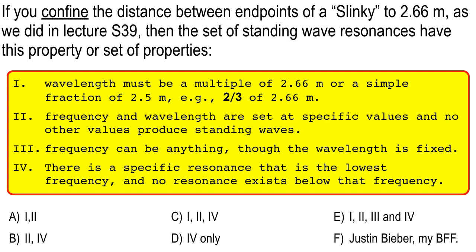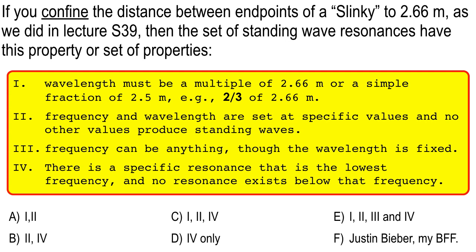What about 4? There's a specific resonance that is the lowest frequency and no resonance exists below that frequency. That's correct. You can't get anything lower than our fundamental. That's why we call it the fundamental. In atomic physics, you'd call it the ground state.